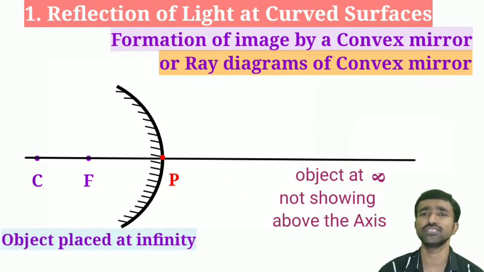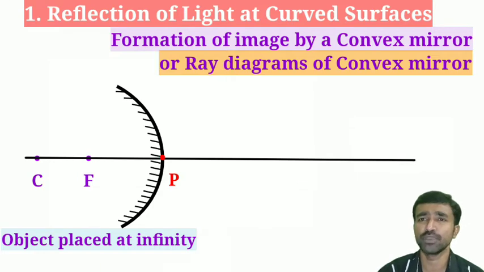If you place an object at infinity in front of a convex mirror, you won't show the object above the principal axis; we can only consider a parallel beam of light rays. So what happens when the parallel beam of light rays is incident on the convex mirror?